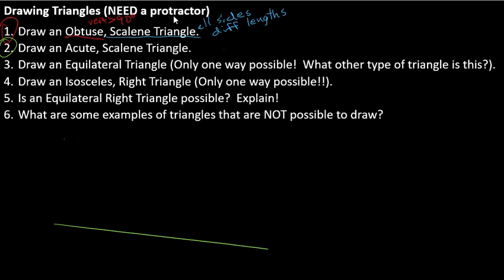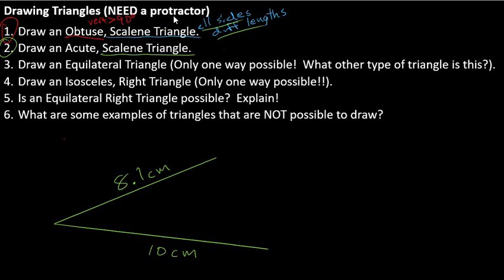So an acute scalene triangle. Again, we're drawing a scalene triangle. This first side I drew was right at 10 centimeters. And this other side, well, I went over a little bit, we'll call it 8.1 centimeters. I want it to be scalene, so all three sides have to be different. Same as number one, but this time I want an acute triangle.